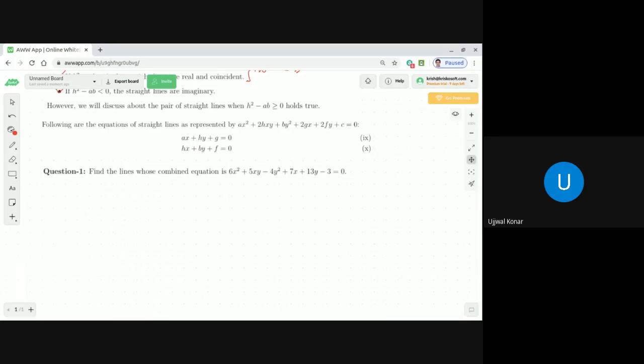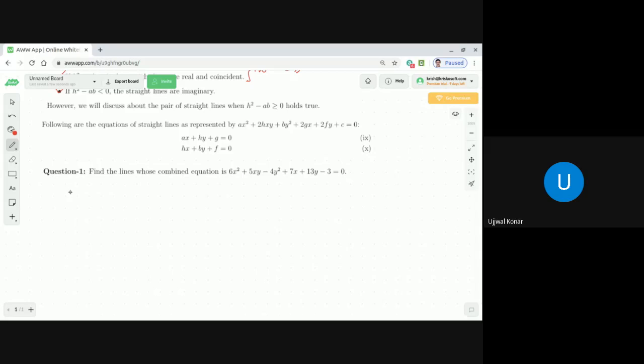The question is: find the lines whose combined equation is 6x square plus 5xy minus 4y square plus 7x plus 13y minus 3 equal to 0. The combined equation is given, but how to find the equation of the lines from here?